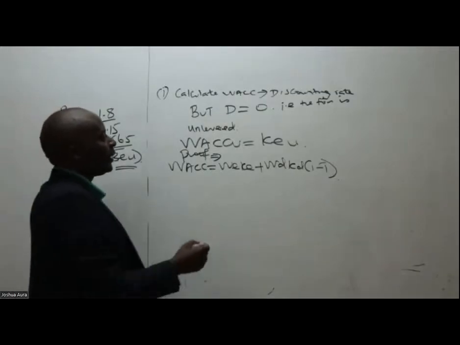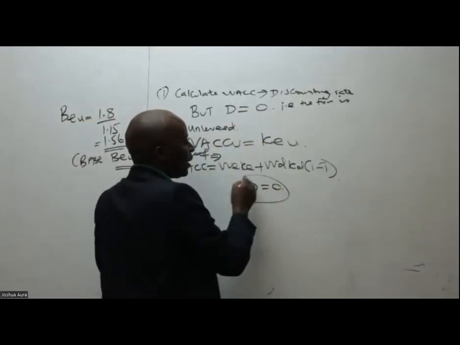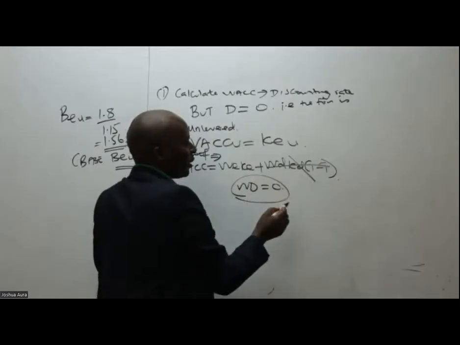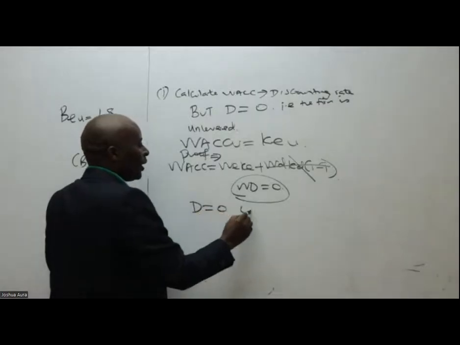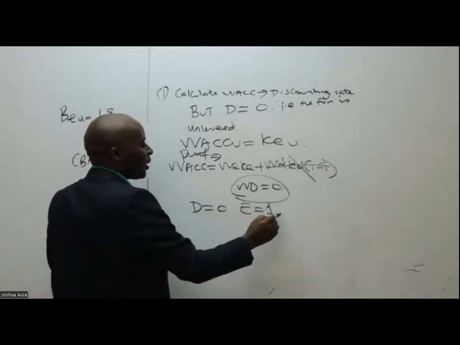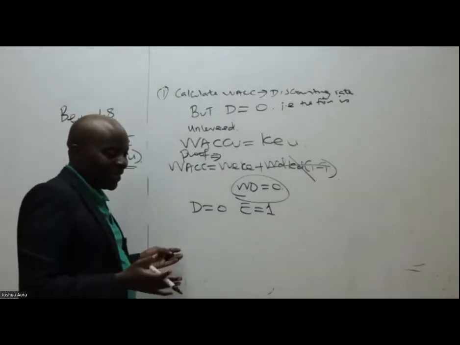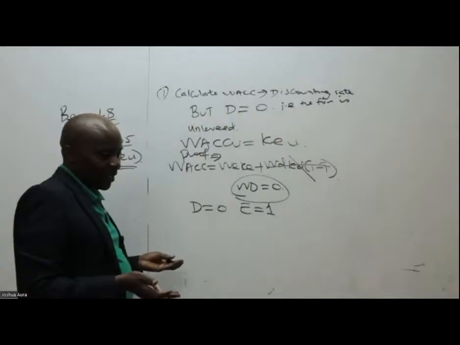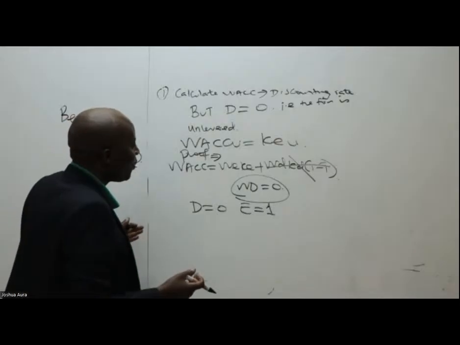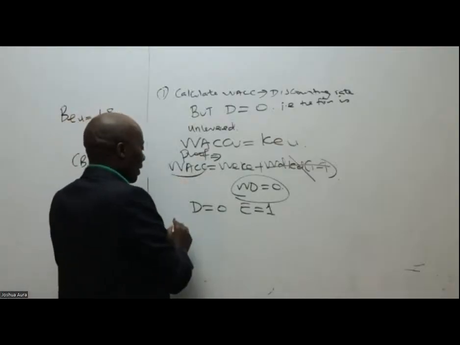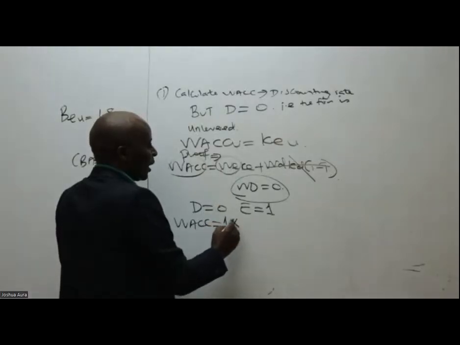So remember that if debt is 0, then automatically weight of debt will be 0. And if weight of debt is 0, this kills everything there. The other thing you're supposed to know is that if debt is 0, then weight of equity automatically will be 1, because the two must always add up to 100%. So something very important happens: our WACC will be equal to weight of equity, which is 1, times cost of equity.